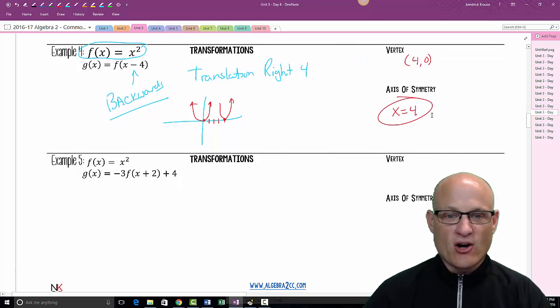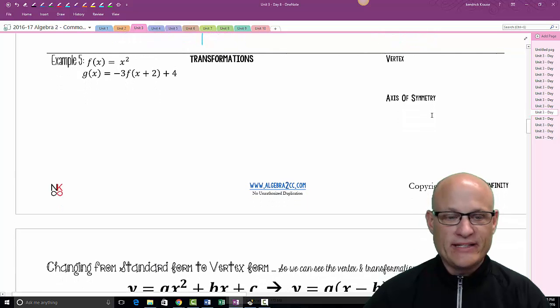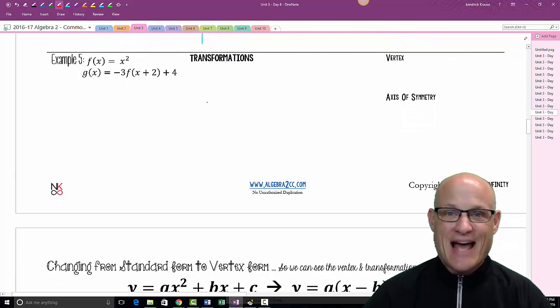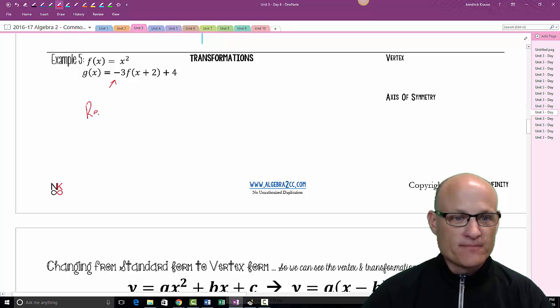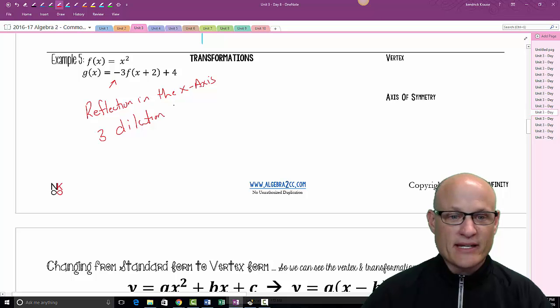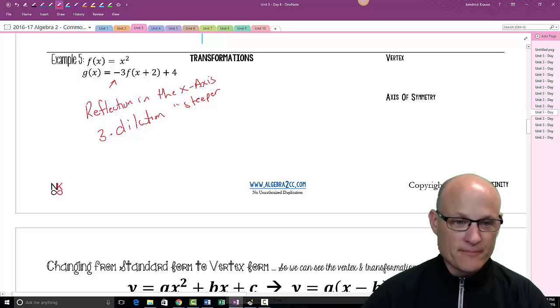All right, so this one we did all kinds of crazy stuff. We did it all. We went to town on this baby. So the negative is a reflection in the x-axis. The 3 is a dilation and should make it steeper. So dilation 3.